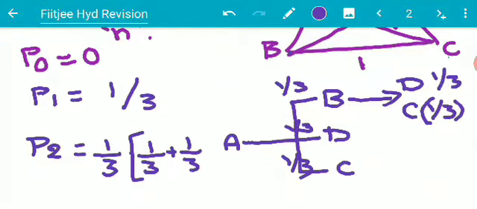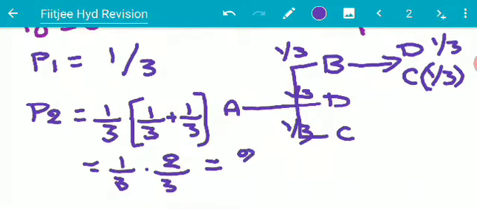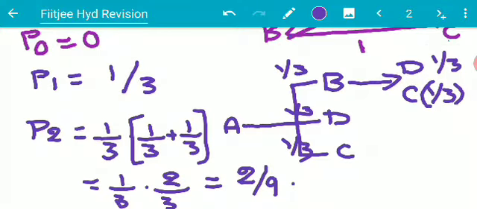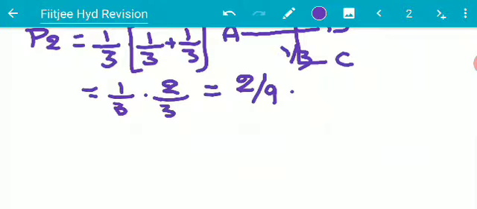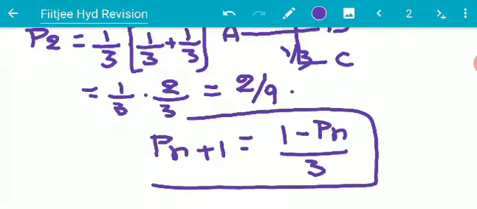So 1 by 3 plus 1 by 3, which is 1 by 3 into 2 by 3, so P2 is nothing but 2 by 9. And if you generalize this, P0, P1, P2, then Pn plus 1 is nothing but 1 minus Pn by 3. Just observe this, you will get it the same way.